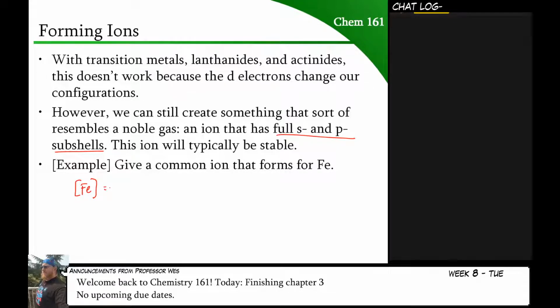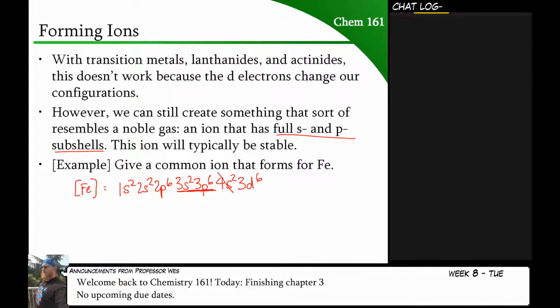So for instance, if I wanted to look at iron, I'll just write its entire electron configuration out here. What would be a common ion for iron? Well, I want a full s and p subshell. So I can do that here.